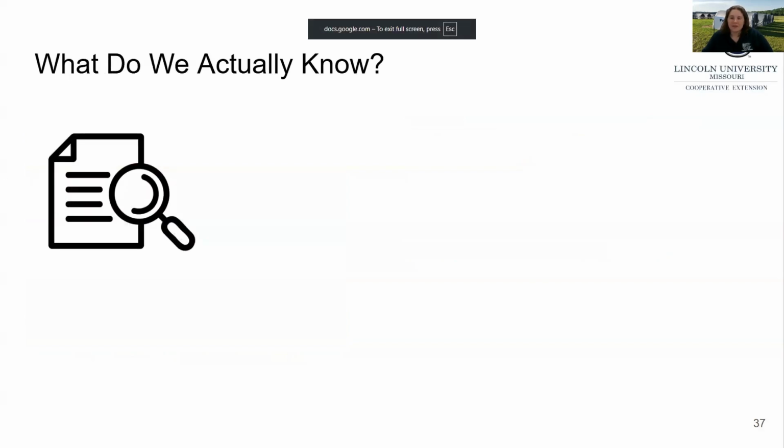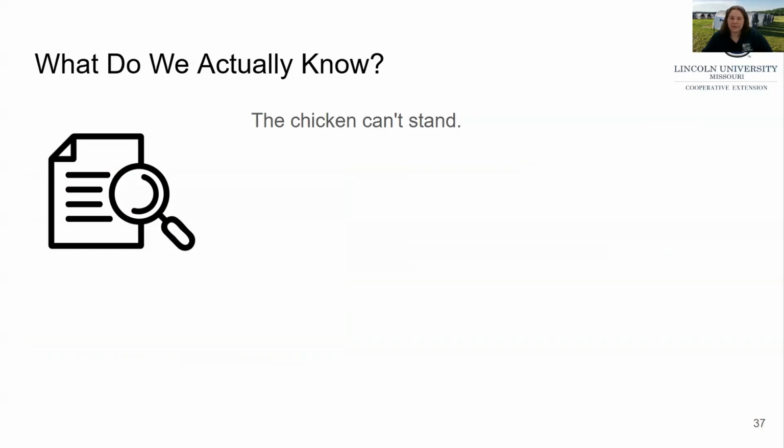So one of you caught this. Think about what we actually know about this chicken. They've told us that it can't stand. They also told us they thought it broke its neck, but that really is an interpretation on the owner's part, not an actual observation. So if we think about what we actually know, the chicken can't stand.